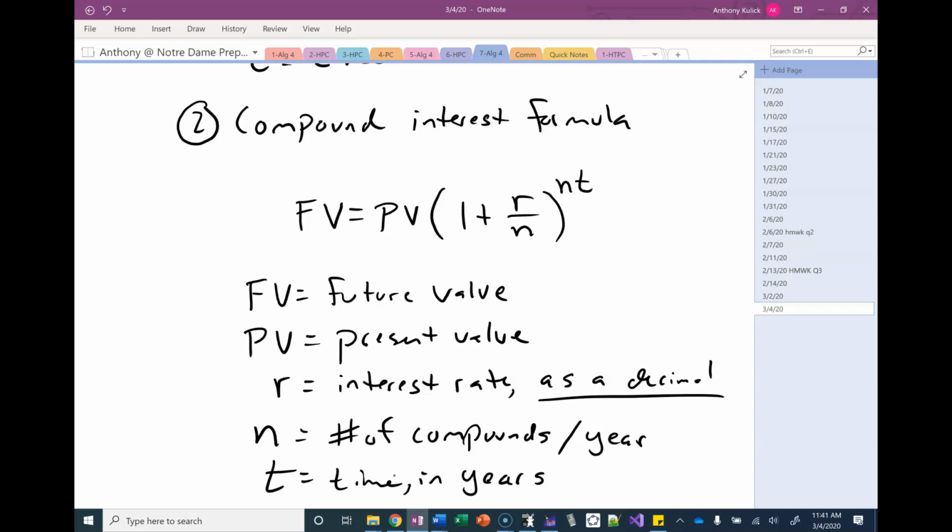So FV is the future value, PV is the present value, R is the interest rate written as a decimal, N is the number of compounds per year, and T is time in years.